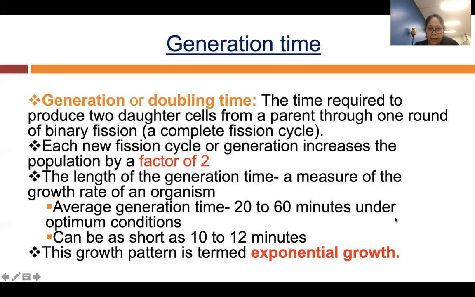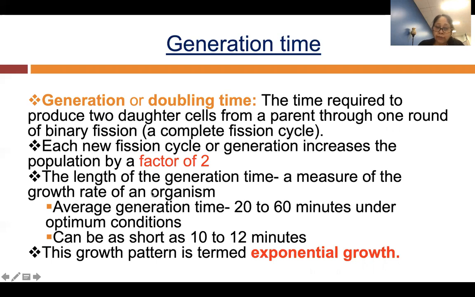Every time from one bacterium we get 2, then 4, so we can say the population increases by a factor of 2, every time. That's why this growth pattern is called the exponential growth pattern. Basically it steadily grows, every time by a multiple of the number 2. That's the exponential growth.